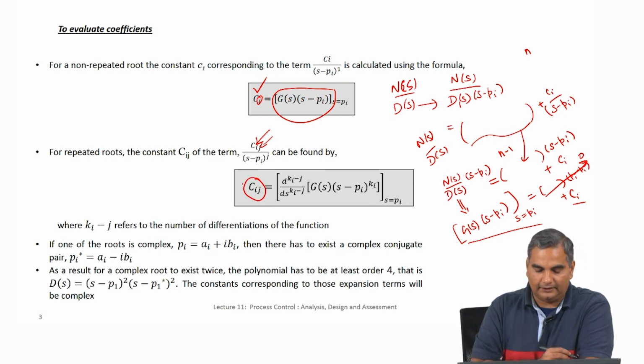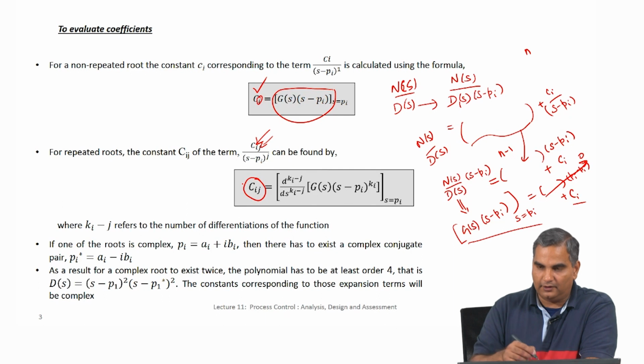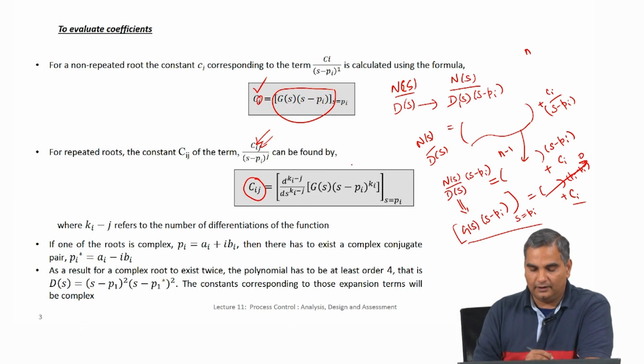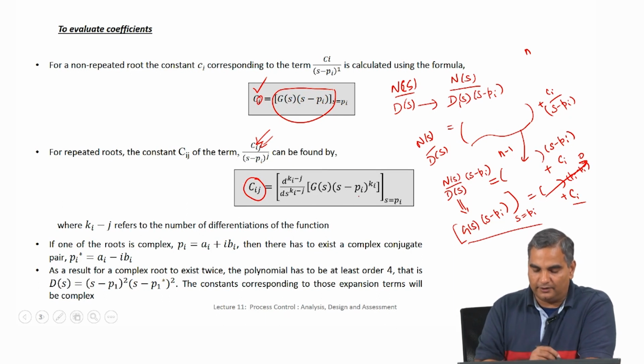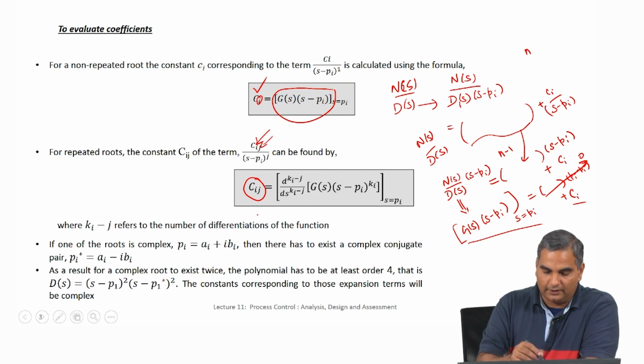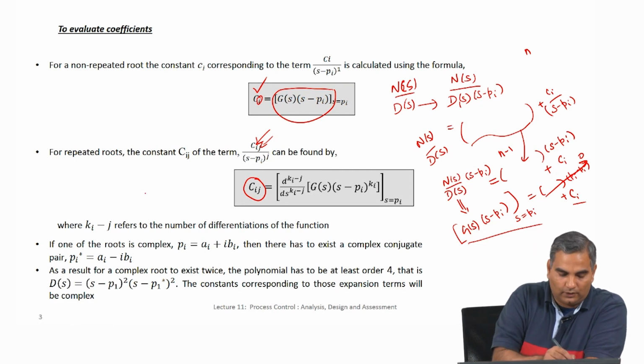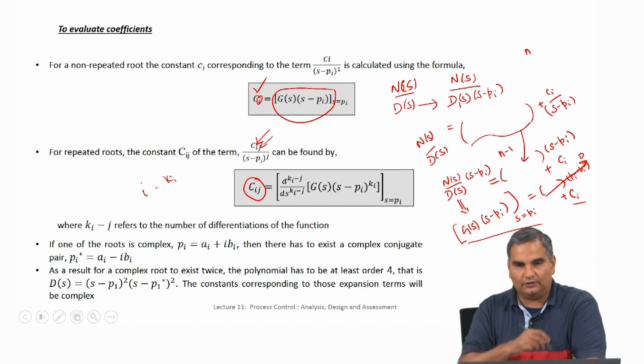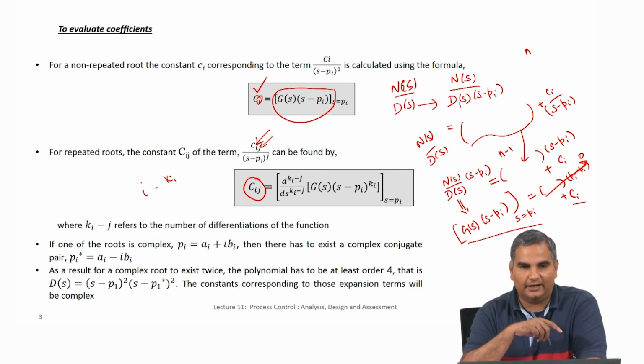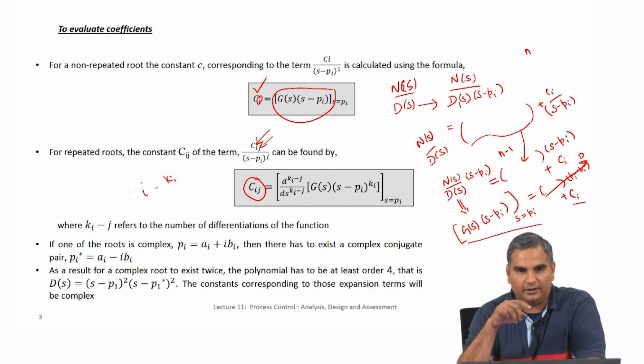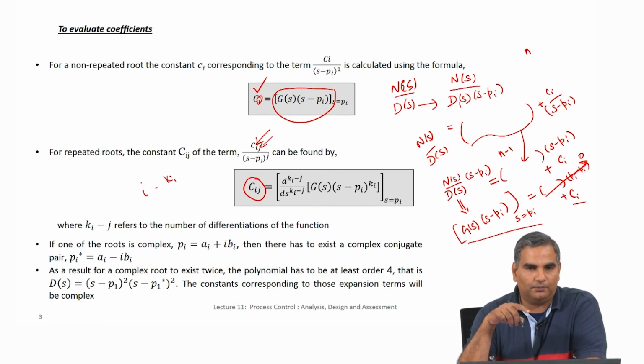This Cij can be computed using differentiation, and the differentiation formula is this. What you do is assume that the ith root is repeated ki times. That is a notation we had used in the previous slide, where we said P1 is repeated k1 times, P2 is repeated k2 times, P3 is repeated k3 times and so on.